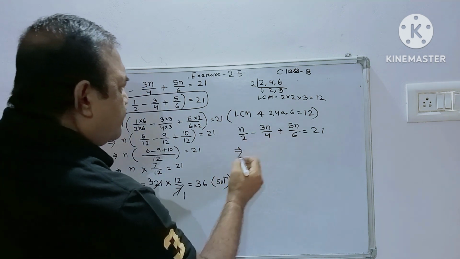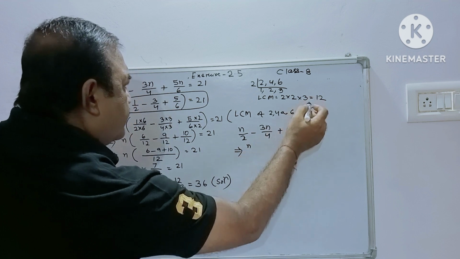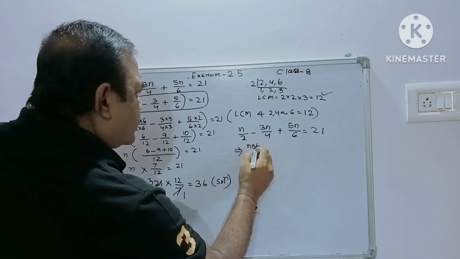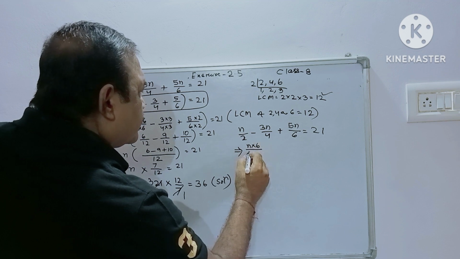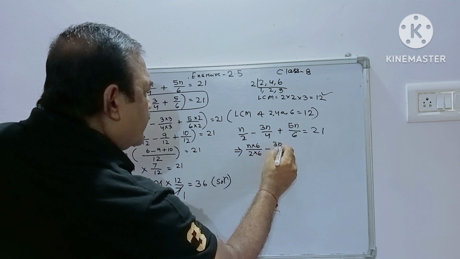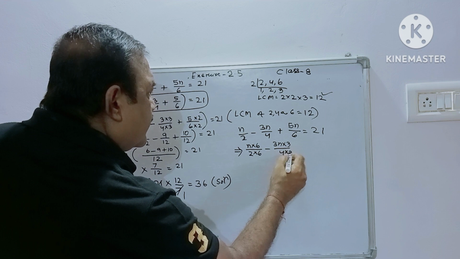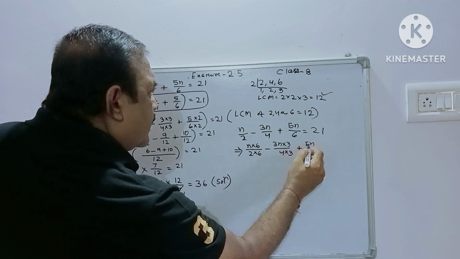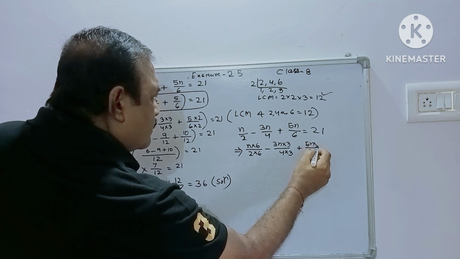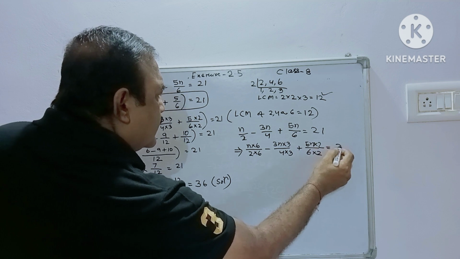You take the LCM of 2, 4 and 6, that is 12, the lowest common multiple. So n into 6 divided by 2 into 6 minus 3n upon 4, you multiply 3 here, and plus 5n upon 6, multiply 2 to the denominator and the numerator, that is equal to 20.